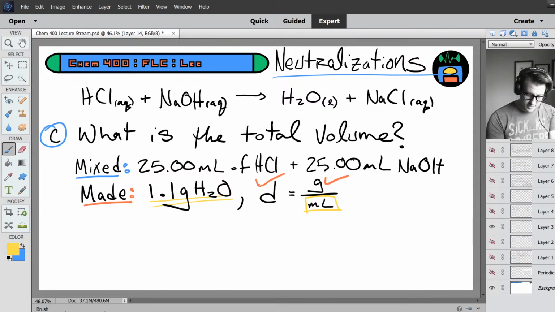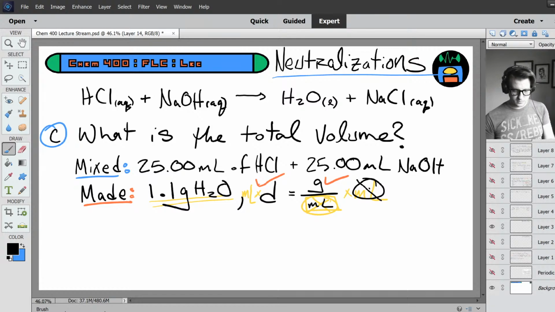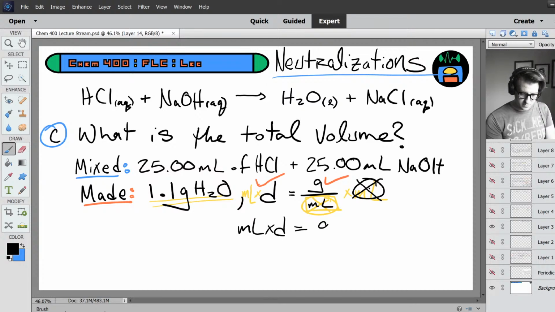We're going to start by multiplying both sides of this equation by milliliters. All right? That gives us a rearranged equation. Now milliliters, or volume in milliliters, times density is equal to mass.